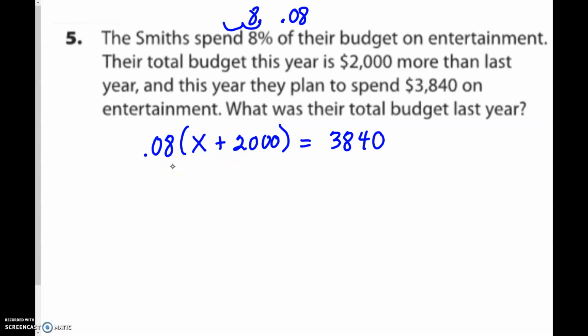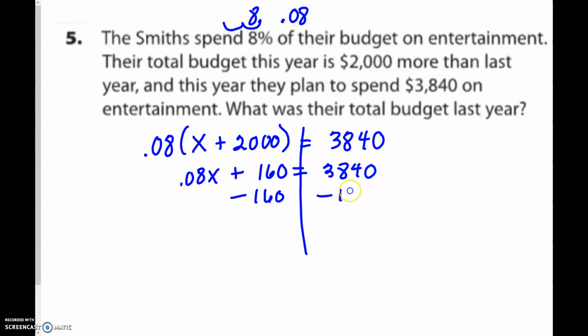All right, so now we need to do our distributive property. So we have 0.08x. Now we might need to grab our calculators and take 0.08 times 2,000. And that's going to be $160. So we have 3,840. All right, so now we need to solve this. So since it says plus 160, we're going to subtract 160 from both sides. So we have 8% of x, and what we have left when we subtract 160 is $3,680.